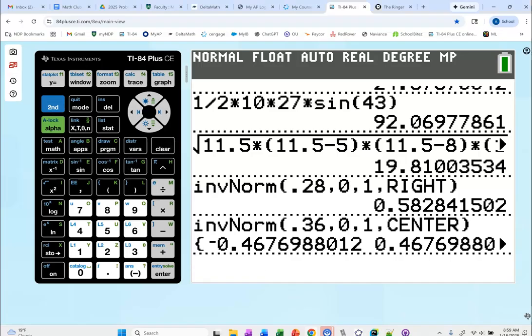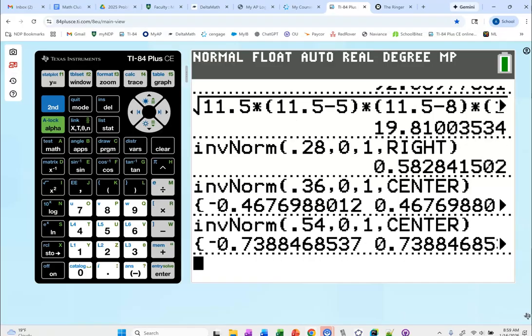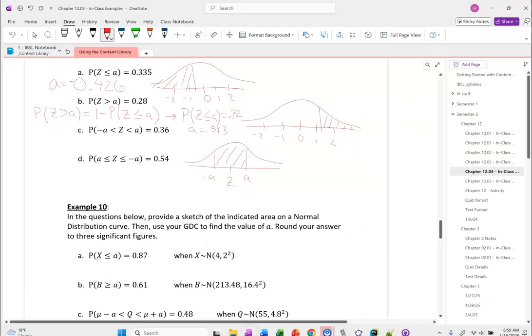Oops, and it's still center. So here I want the negative value. Because the negative is going to go here, and then the negative of the positive is going to make that positive there, which is what we want.